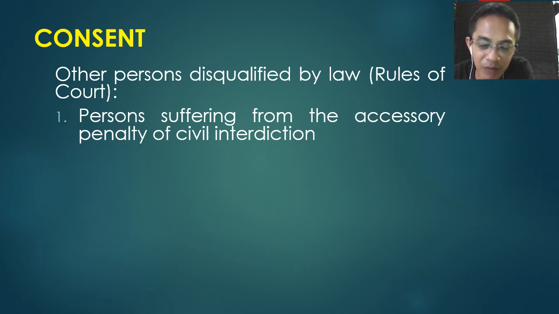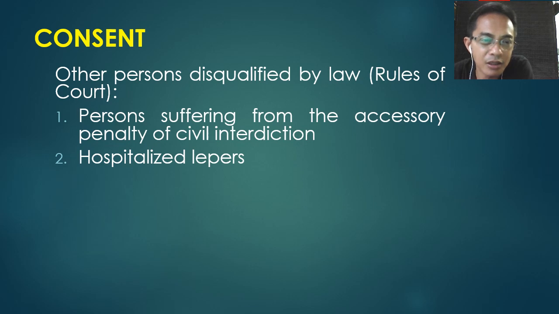Civil interdiction means certain freedoms are taken away from you, like the freedom to vote. While you are imprisoned, you cannot vote, and you cannot enter into a contract. That is called civil interdiction. So if you are under civil interdiction, you cannot enter into a contract. You cannot give consent. Hospitalized lepers.